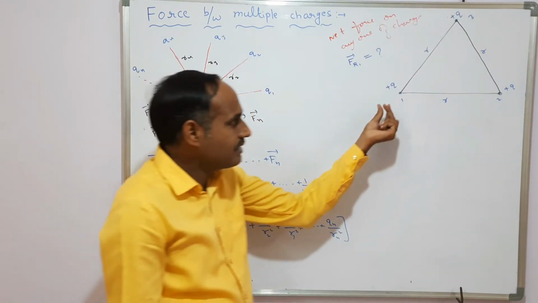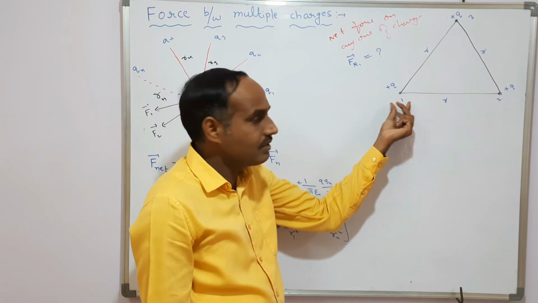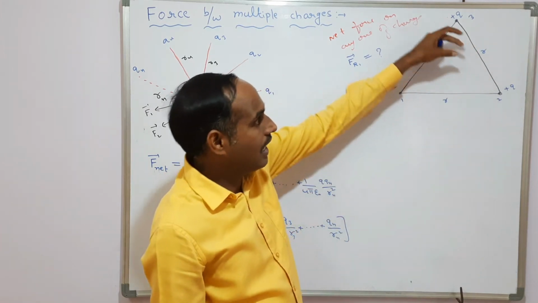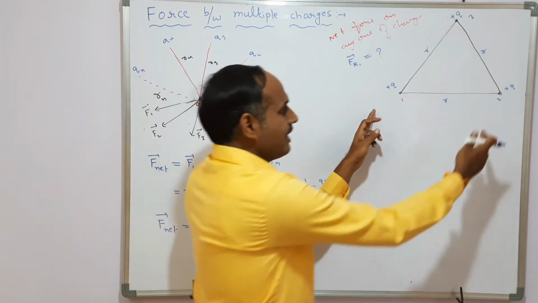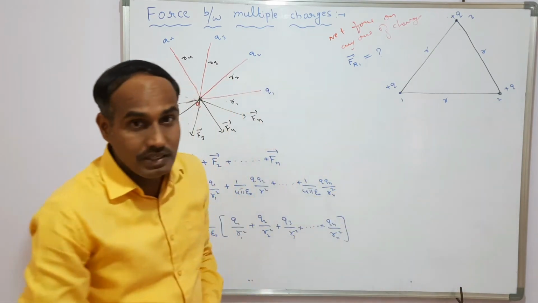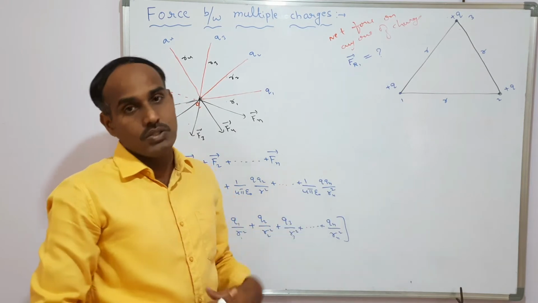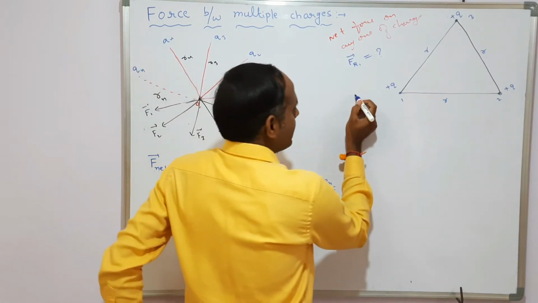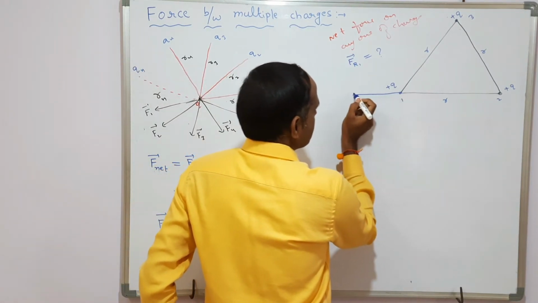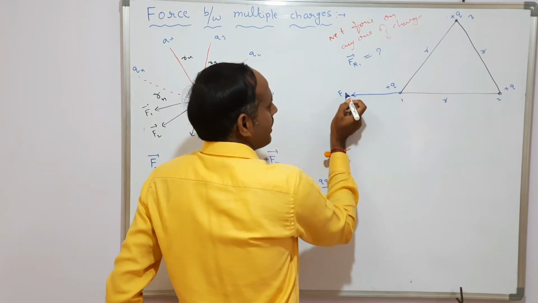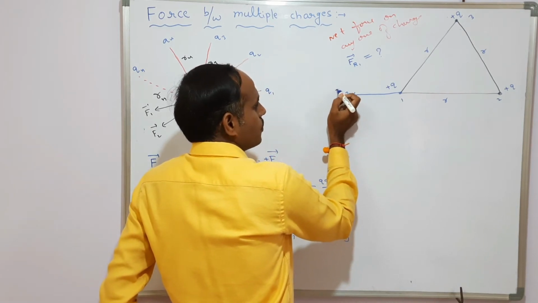Once again, the first charge is experiencing force because of 2 as well as because of 3, and 1 and 2 are like charges, so the force on the first due to the second is repulsive. When it is repulsive, the direction should be along this line, and this is named F12, the force on 1 due to 2.